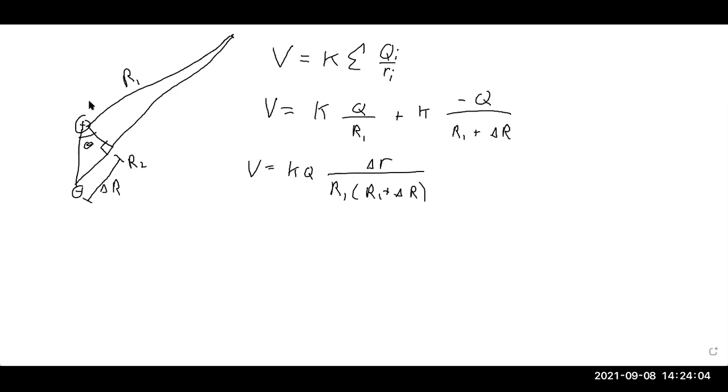However, if the length of the dipole is much, much less than the distance from it, we can make some useful approximations. This extra bit of length here is just going to be L cosine of theta.